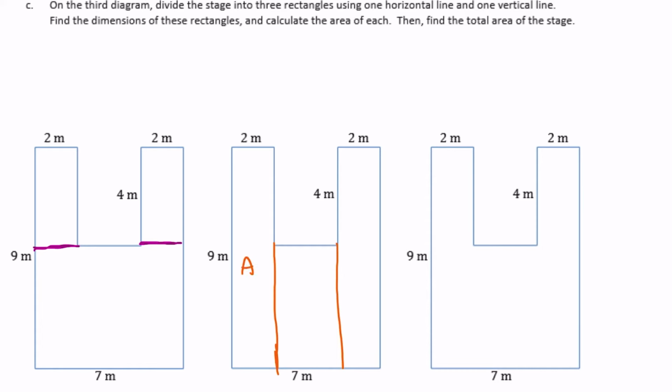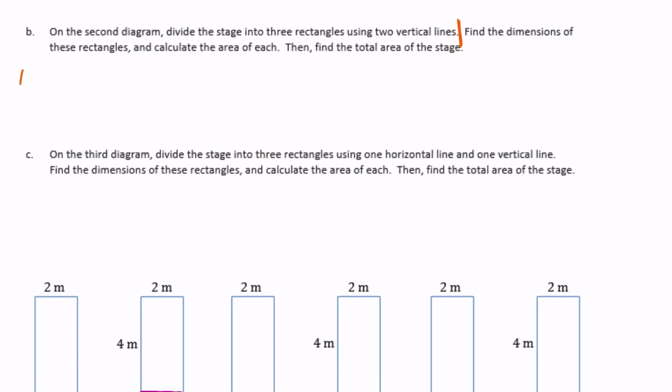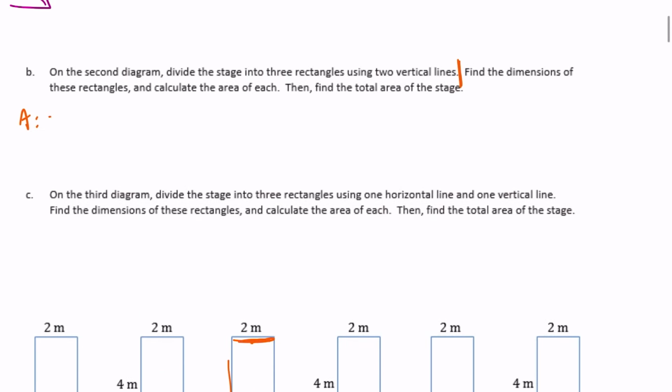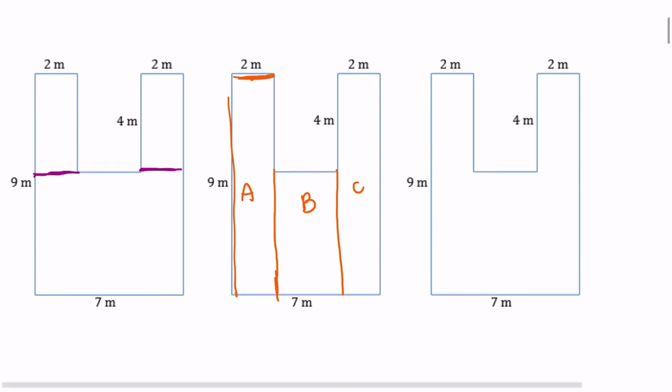So I'm going to label that A, B, C. So for A, we have 2 meters by 9 meters. It would be 18 meters squared. C is also 2 meters by 9 meters. So this would also be 18 meters squared.